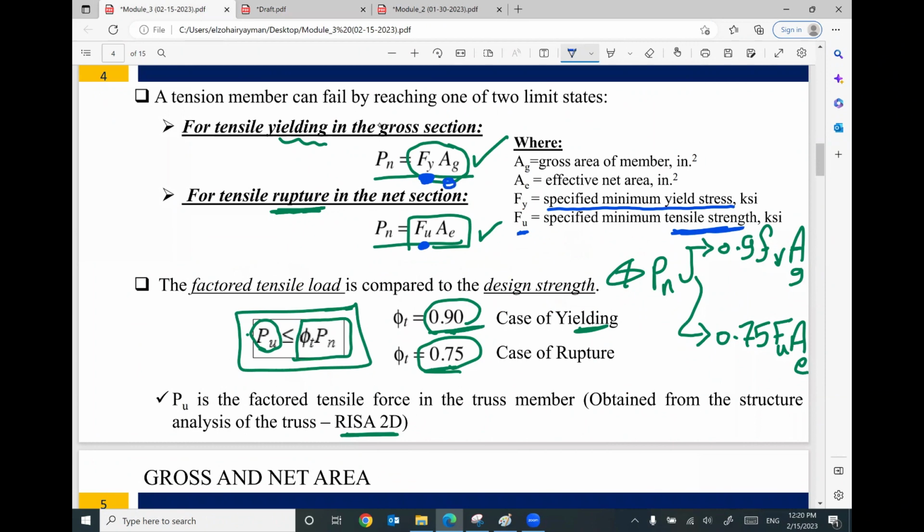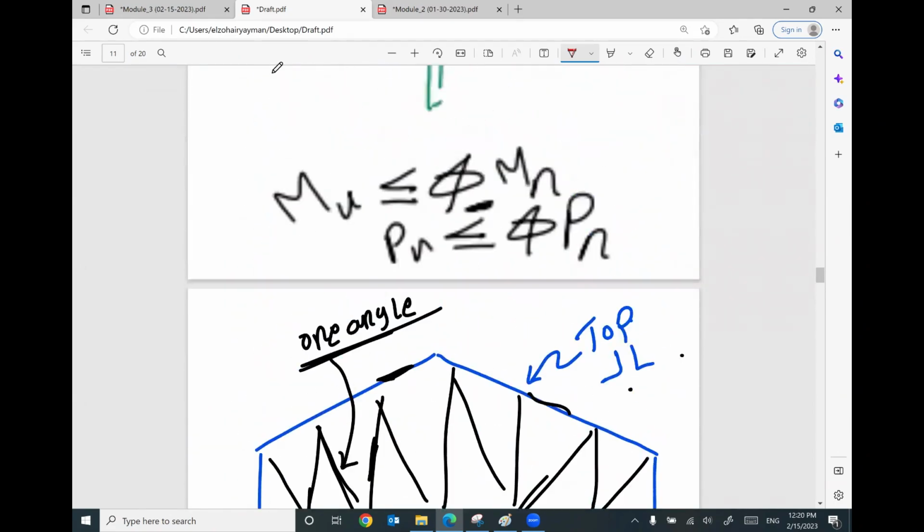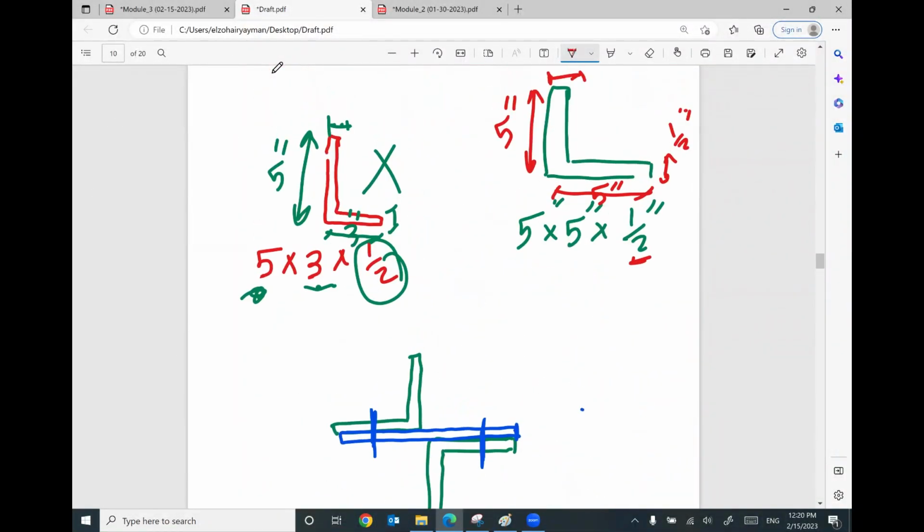What about area gross and what about the area effective? Area gross is the gross area of your member. Since your truss member looks like an angle, this angle has a cross-section area. This is called area gross.